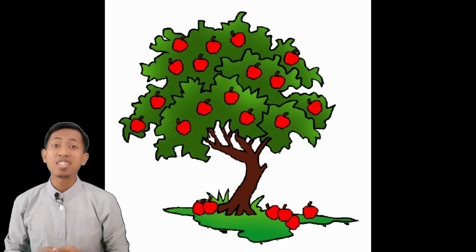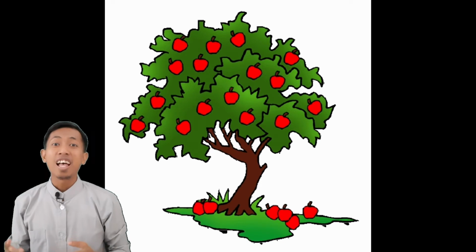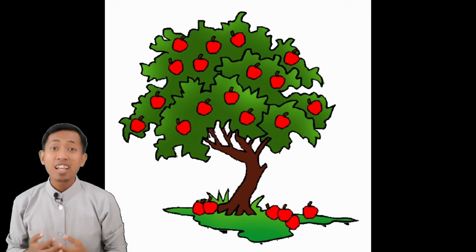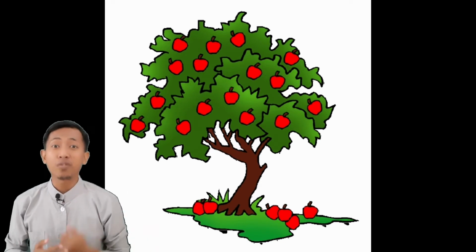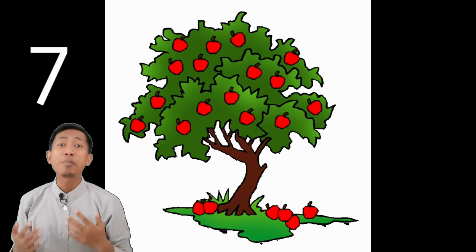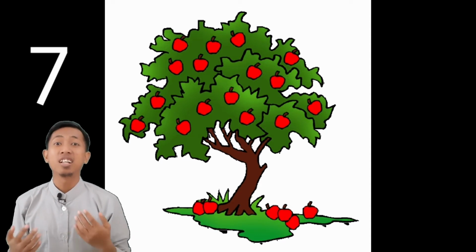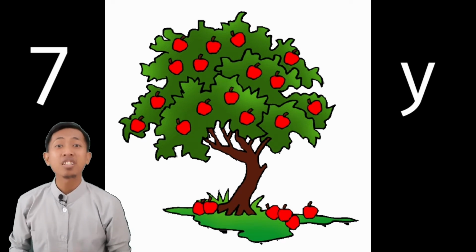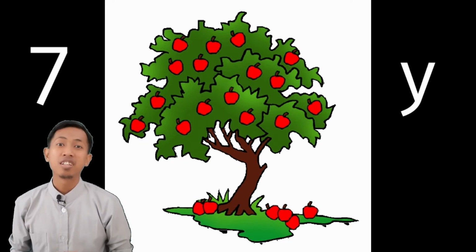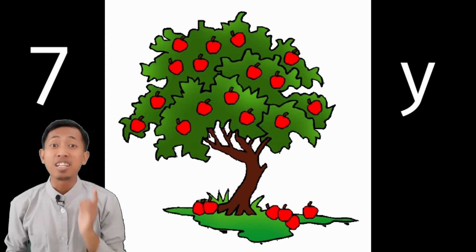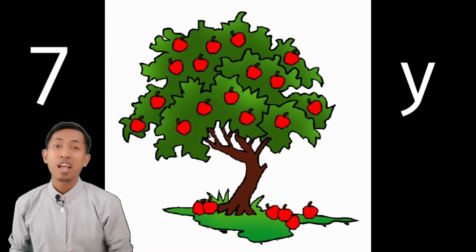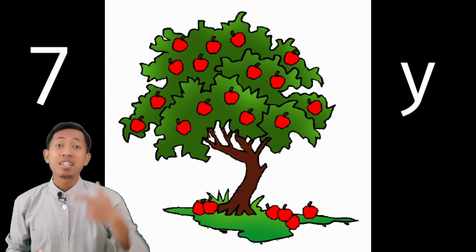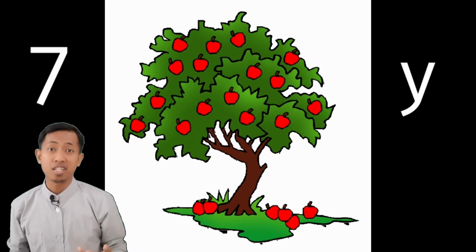But I want to change the question. Andika had 7 apples at first. How many apples does Andika have left if he gave y apples to Peter? I repeat once more, listen carefully. Andika had 7 apples at first.